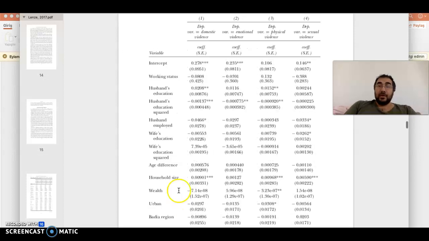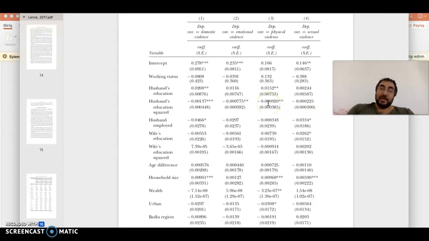So, these are domestic violence, emotional violence, physical violence, sexual violence. Working status doesn't have any effect on anyone. Husband's education has a decreasing effect. That means, if the second one is minus, the effect is decreasing. So a decreasing effect on the physical violence.